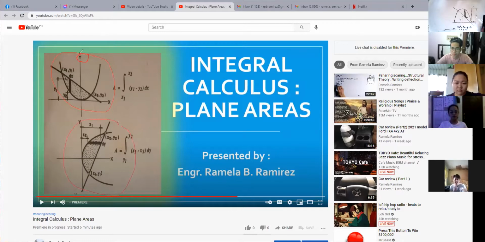The Cartesian coordinate system has a figure given that x and y, so you have the x and y axis.